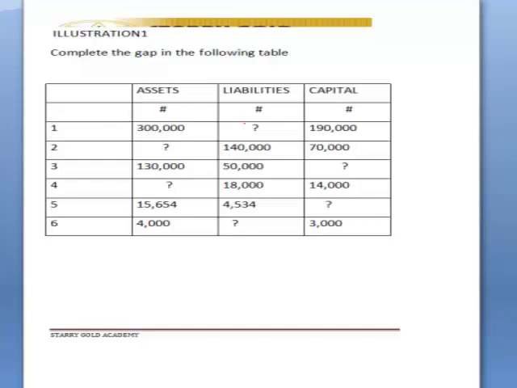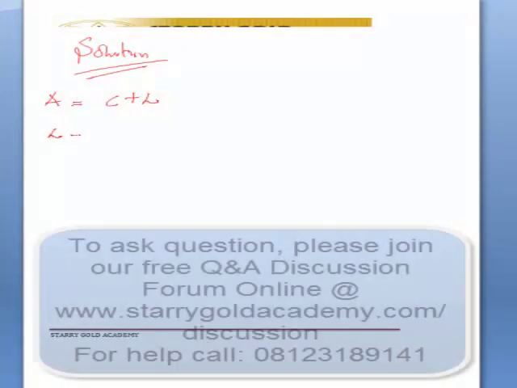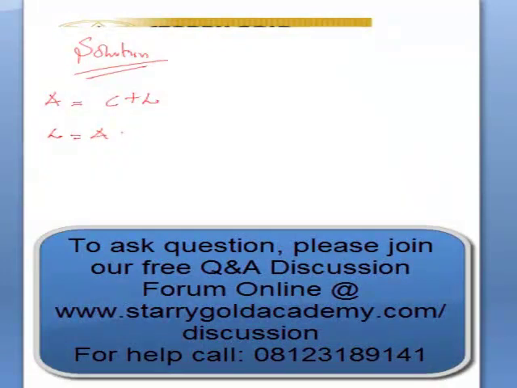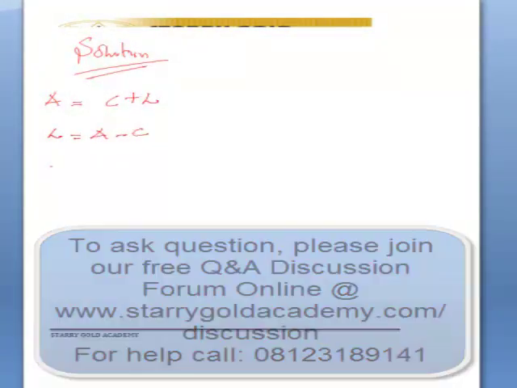Here in question number 1, we'll be looking at liabilities. The rule is that at any point in time, the asset of the business must be equal to the summation of capital and liability. So if we are looking at liability, our equation will change to L equals A minus C, making L the subject of the formula.